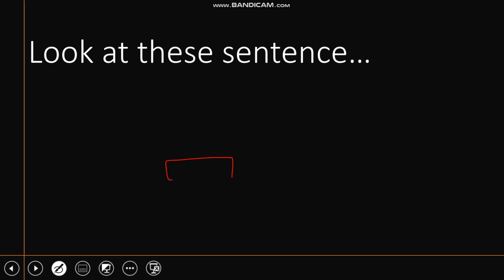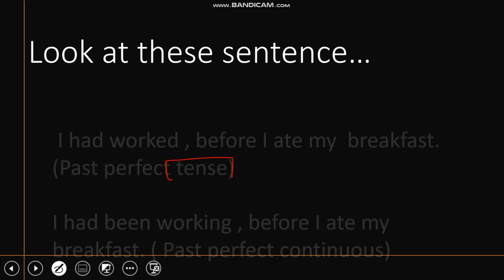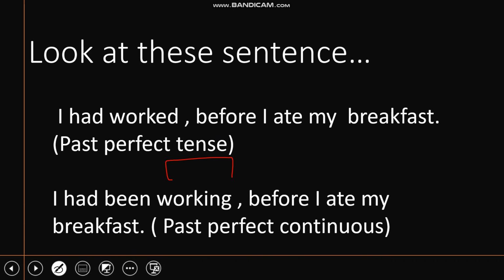Look at these sentences to better understand what is past perfect continuous tense. I had worked before I ate my breakfast. Here you notice the verb had plus the participle, right? There is an action that happened before I ate my breakfast.